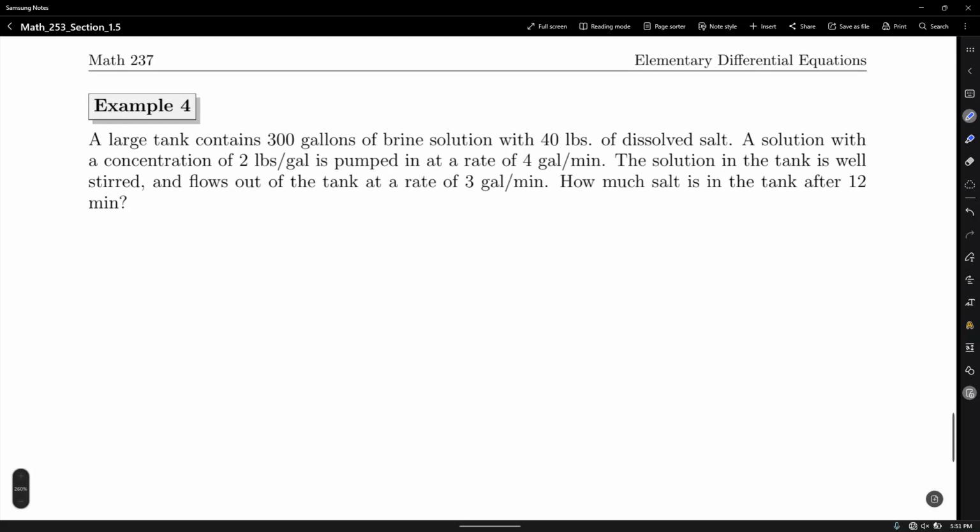Okay. So what do we have for this application problem? So remember that problem we did about mixtures last time, at the end of separable equations.